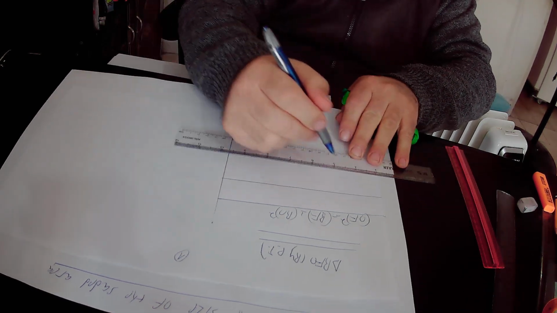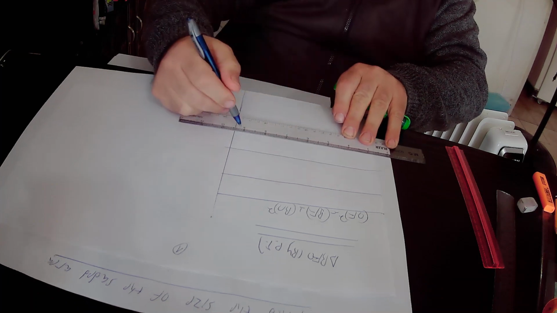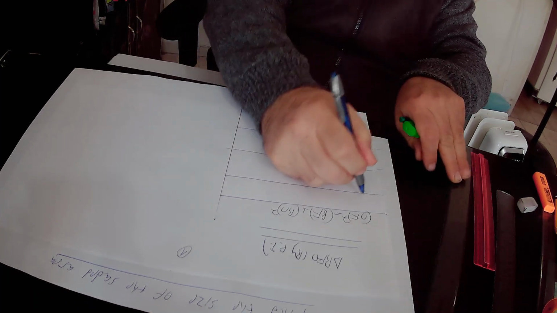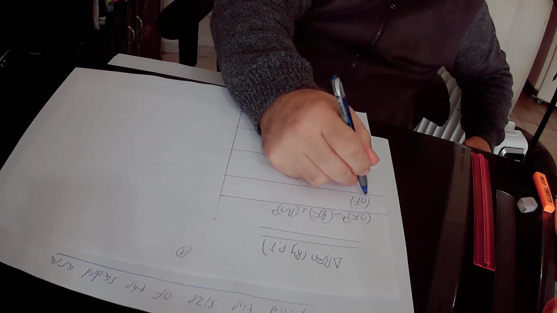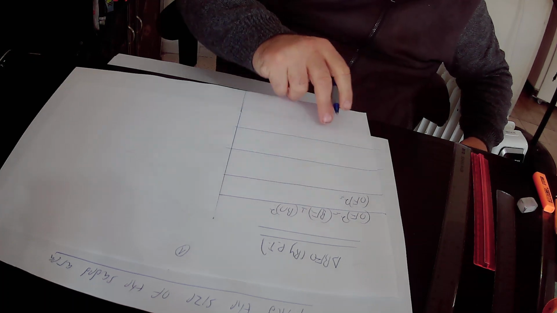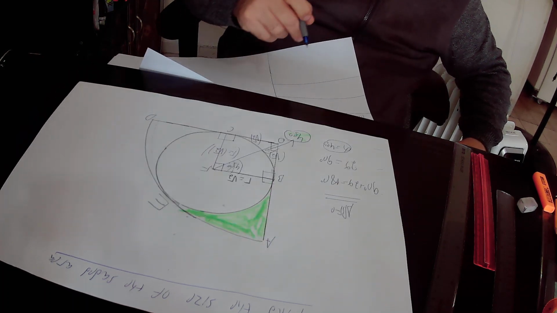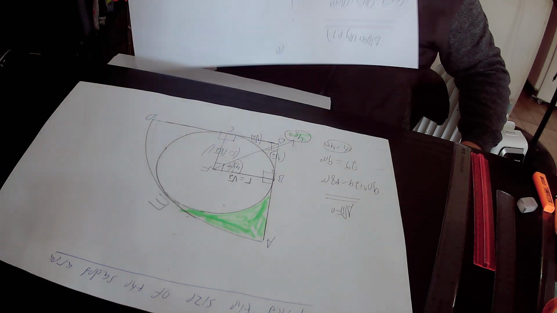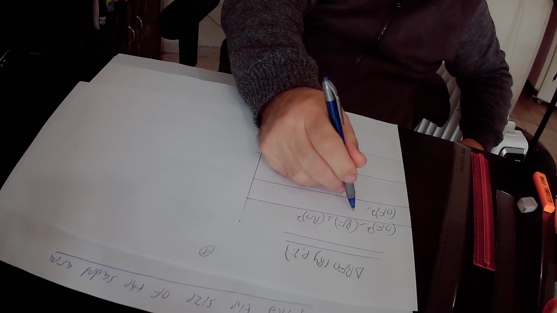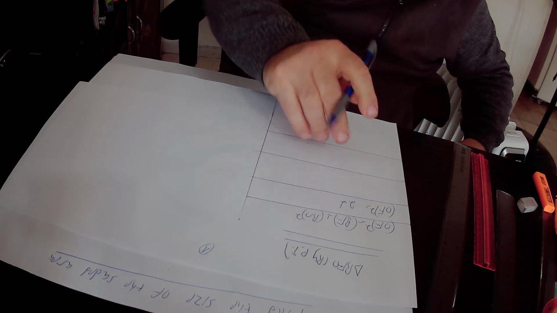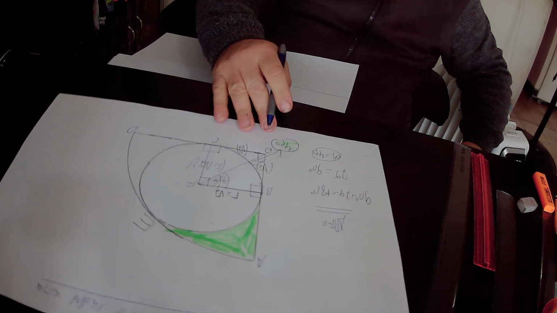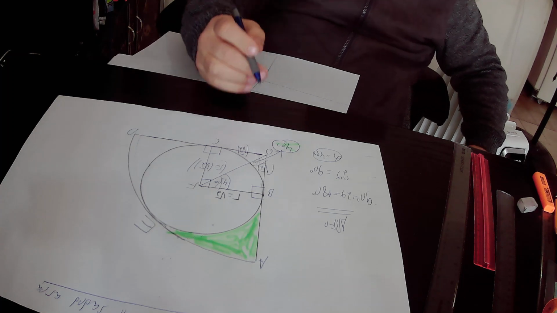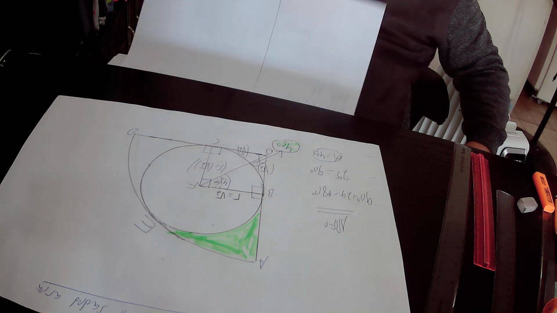So OF square, that is the square of the hypotenuse, equals BF square. BF is square root of 2, therefore BF square is square root of 2 squared, that is 2, plus BO square. BO is also square root of 2, therefore BO square is square root of 2 squared, that is 2.